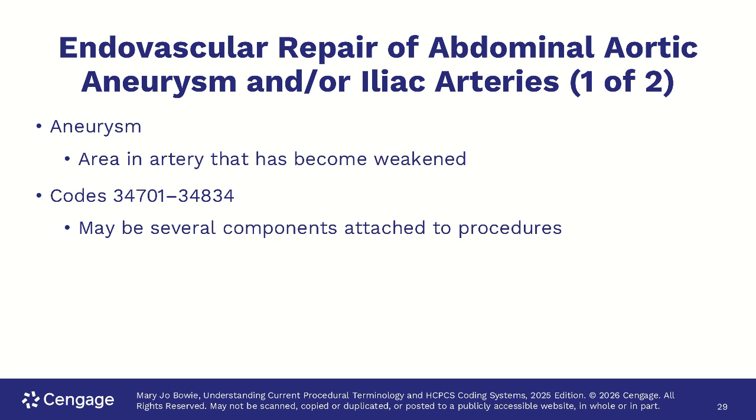And this type of coding actually has several components. And yes, I'm going to say it. There are lots of notes right before code 34701 that you need to read to understand.